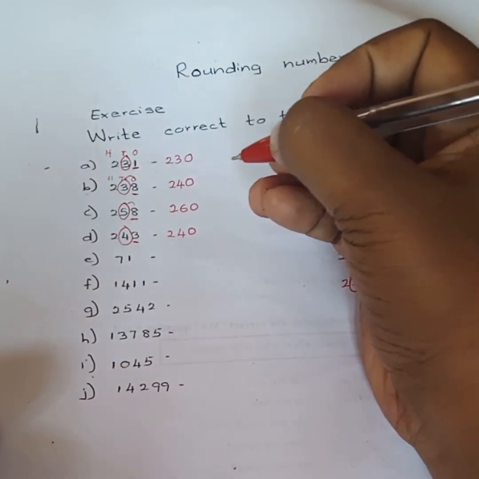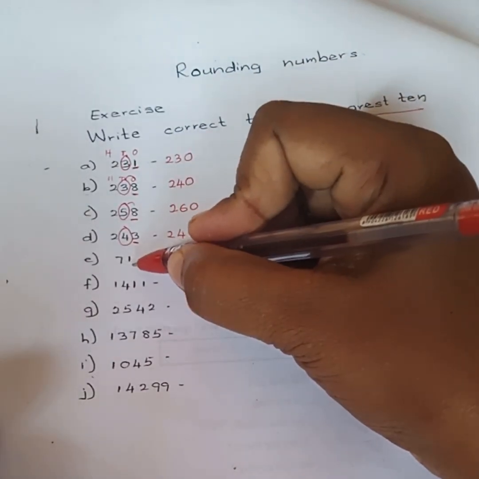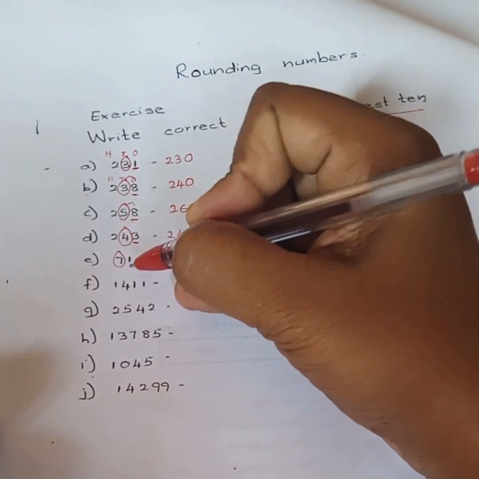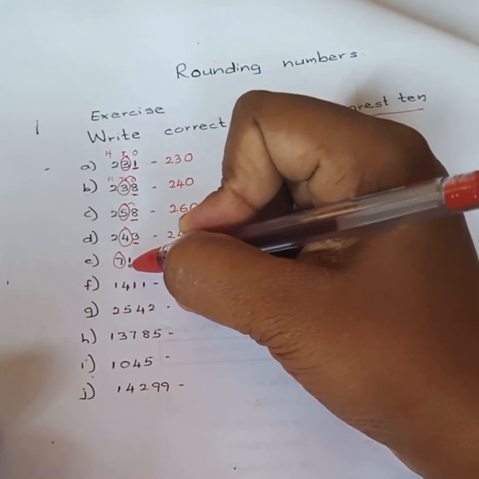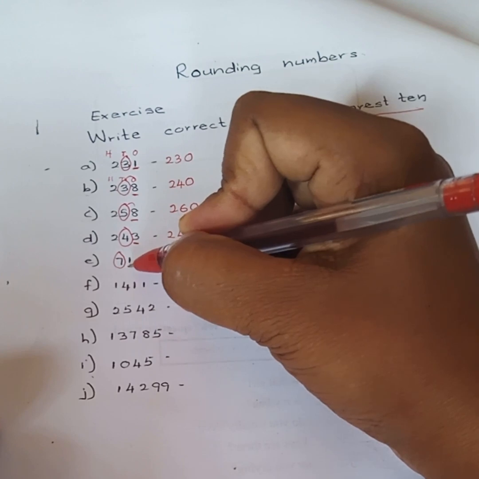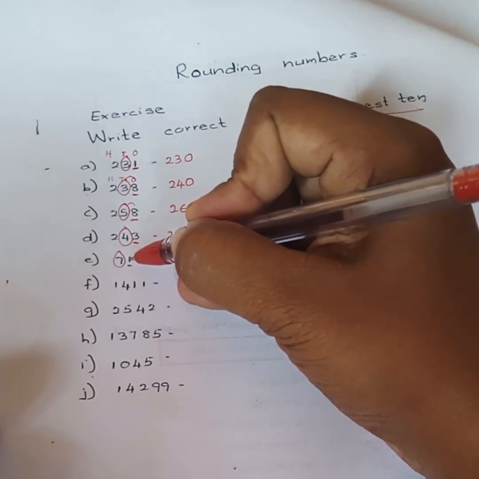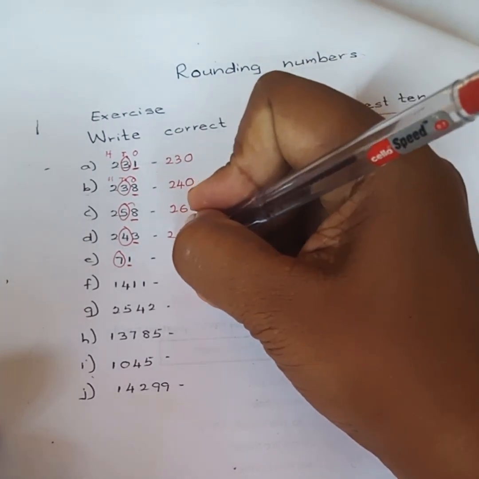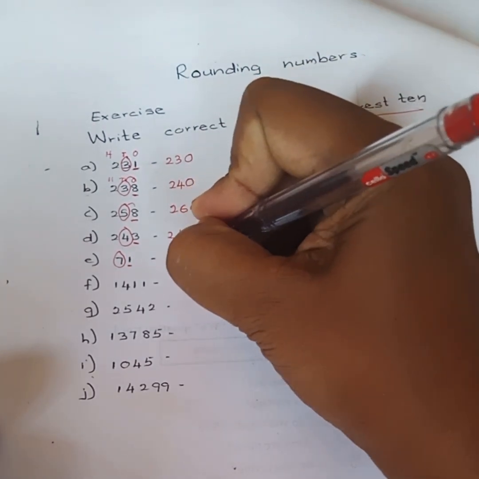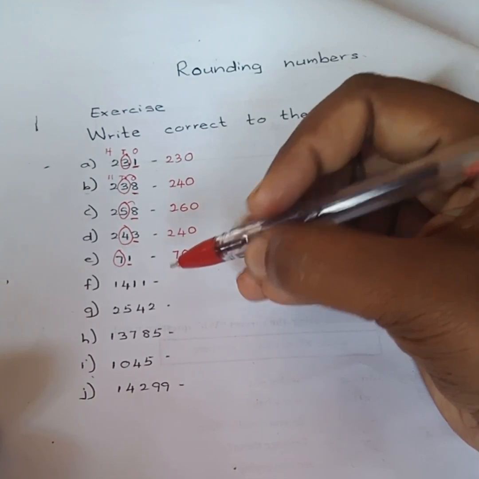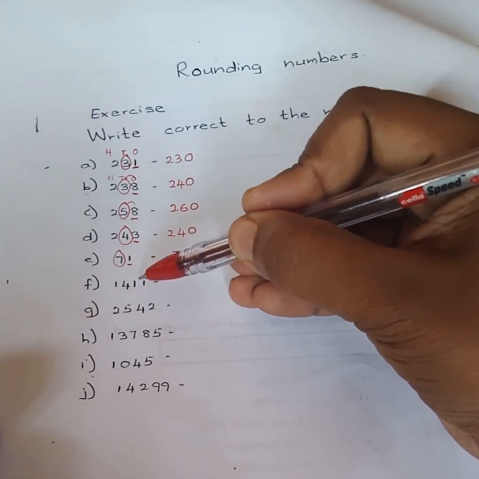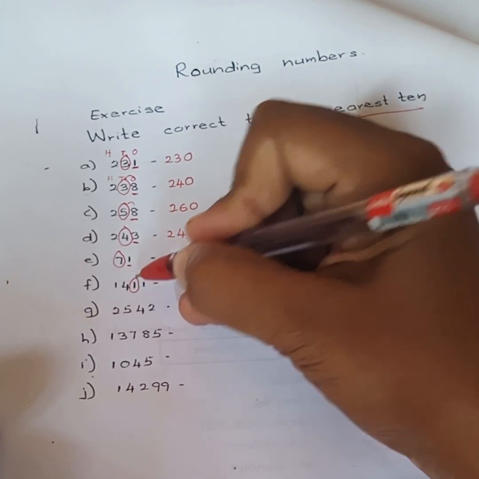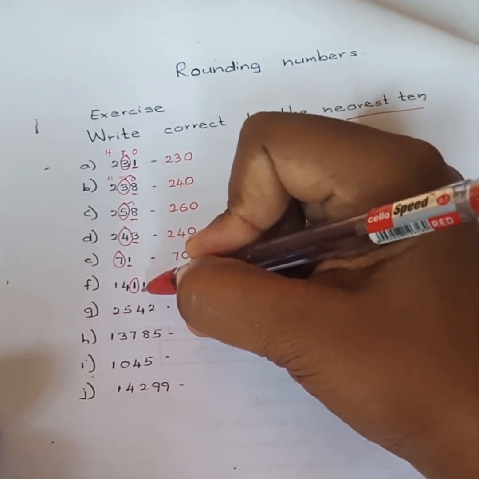Next, 71. The tens value is 7. We have to consider the next door value, ones value 1. It's less than 5. So when you round off to the nearest 10, the answer will be 70. 1411. So the tens value is 1. You have to consider the next door value 1.